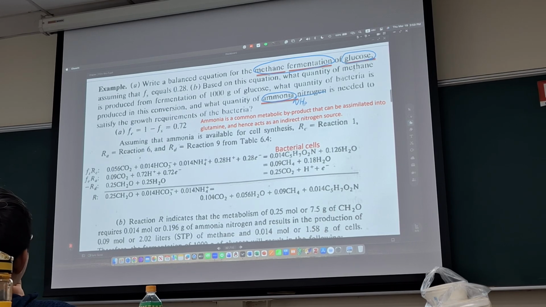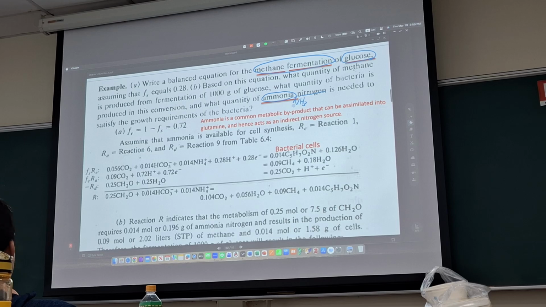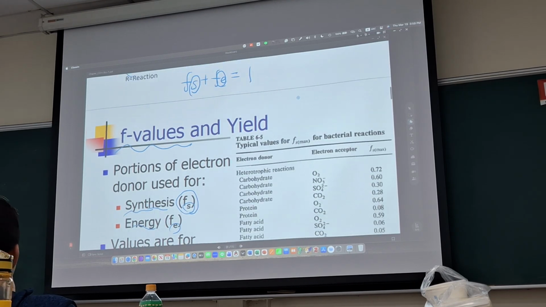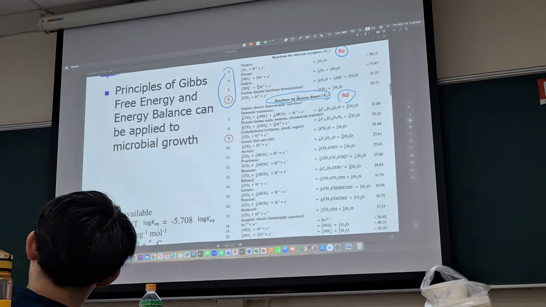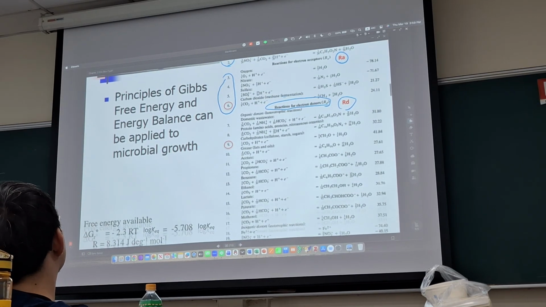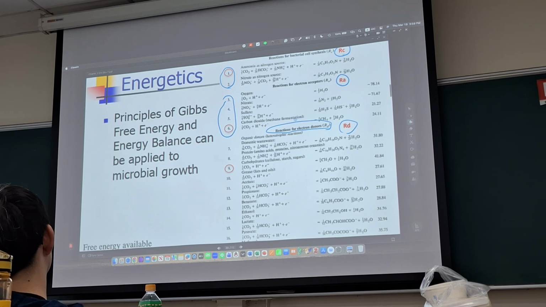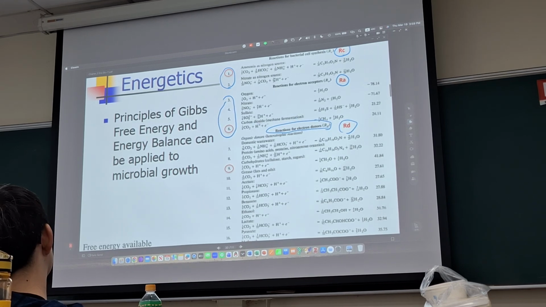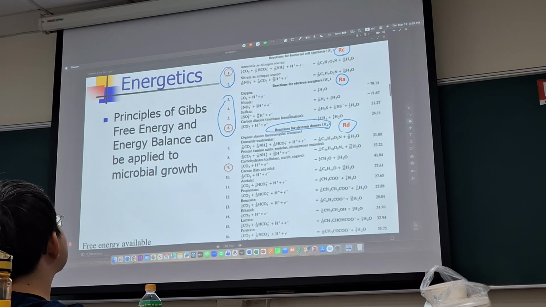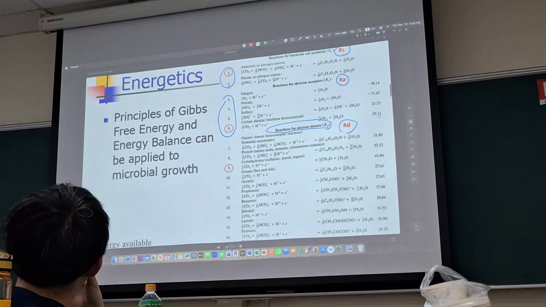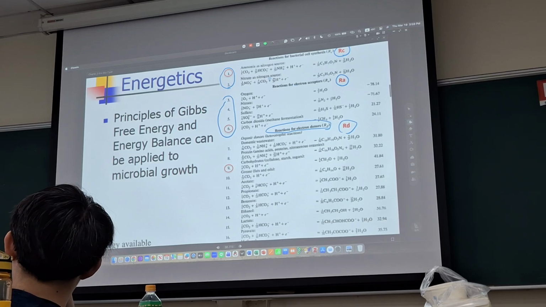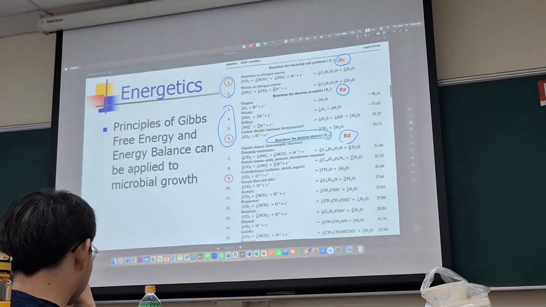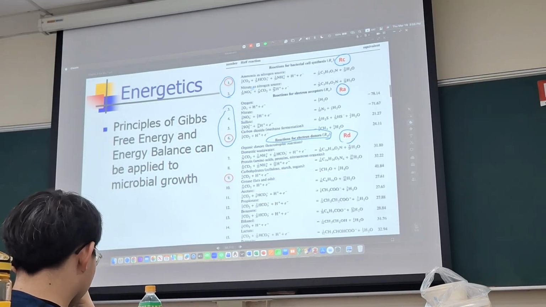So ammonia is NH3, right? So ammonia nitrogen is the nitrogen from ammonia. We need to go back to this table. For maximum fermentation, RA is 24.11. Using ammonia as nitrogen source, that's RC.